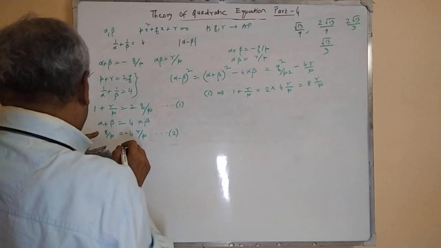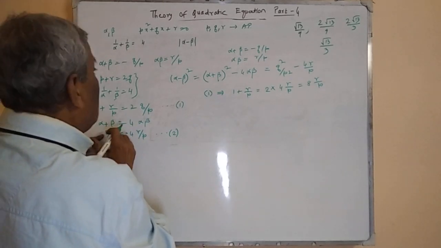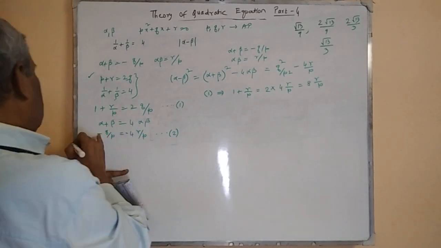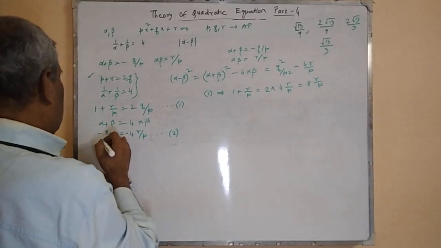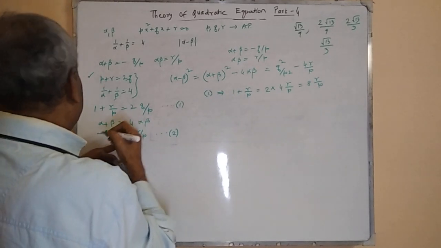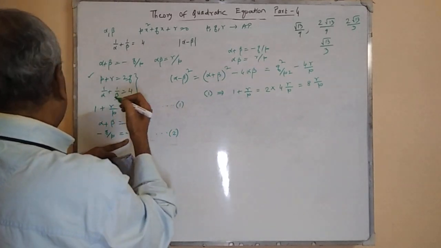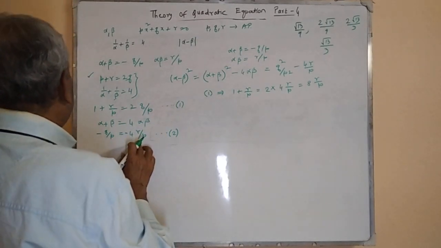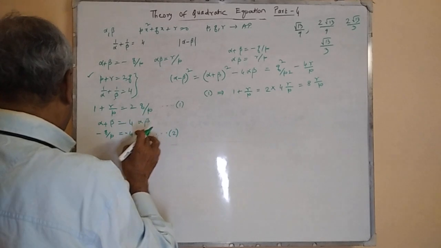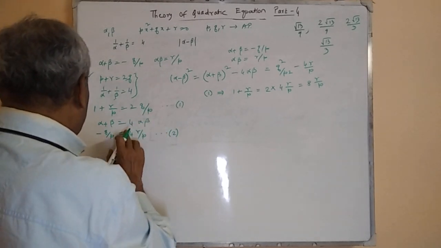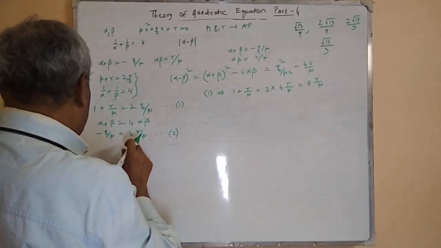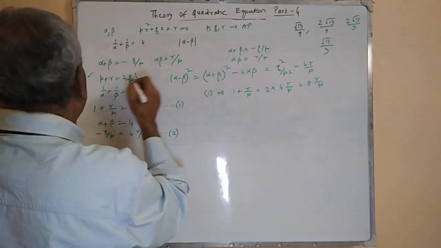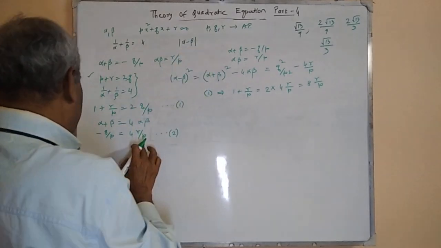Okay. Then alpha plus beta is minus q by p, is equal to, this should be minus, 4 alpha beta, that is 4 r by p.